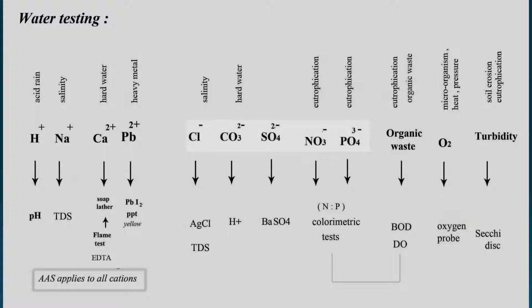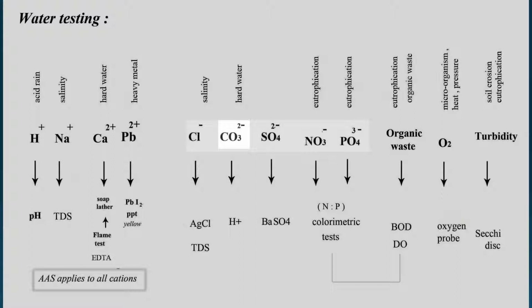Now we talk about the negative ion tests. The negative ion chloride indicates salinity. Testing by two methods: AgCl precipitation, or total dissolved solids. Carbonate indicates hard water. Test with acid, with bubbling gas.